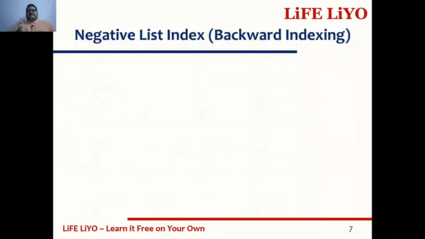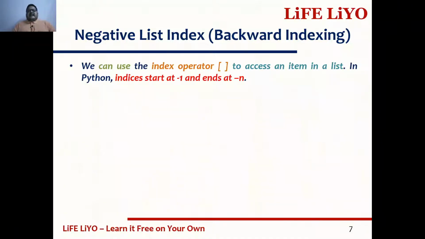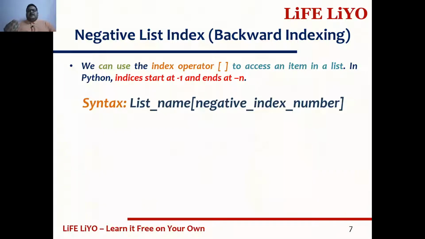Now, negative list index. This is purely the contrast of the positive index. Here the indices start at minus 1 and end at minus n. Now, what is the syntax? Simple. Instead of a positive number, we assign a negative index number for accessing the list elements.